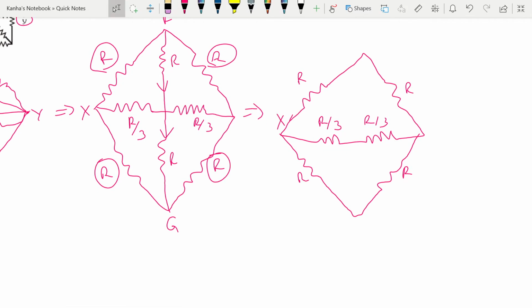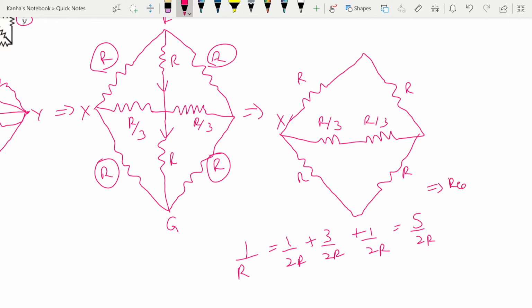You can easily see that this is a parallel combination, and 1 by R equivalent is equal to 1 by 2R plus 3 by 2R plus 1 by 2R, which is 5 by 2R, which implies R equivalent is equal to 2R by 5 between X and Y.